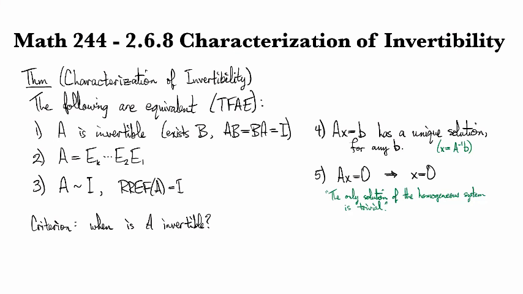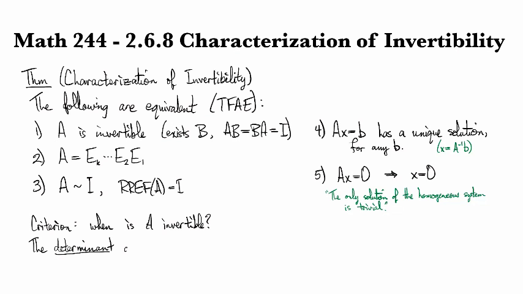You can row reduce and do all these things, but it turns out there's a way to determine whether or not A is invertible that typically requires less computation, or at least more efficient computations, and that is the determinant. This is what we're going to be looking at in the next chapter.